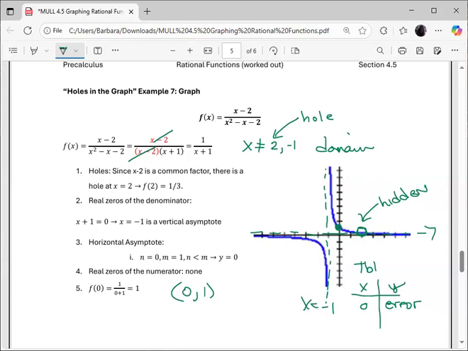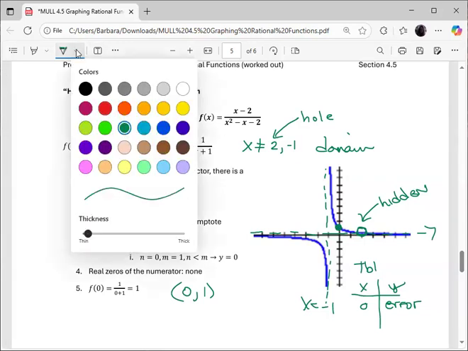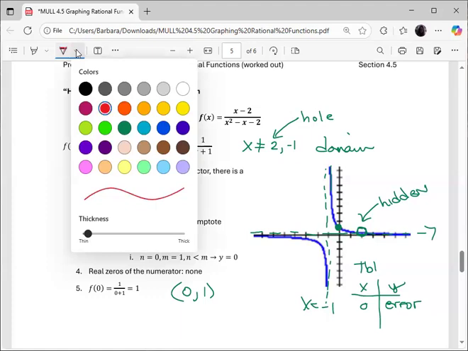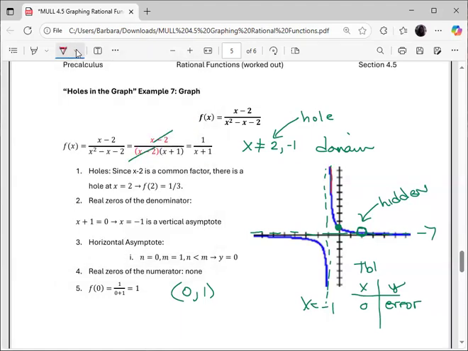And so that tells me that the graph in the upper right quadrant is known because of that 1 point. We do have a hole there. Okay.